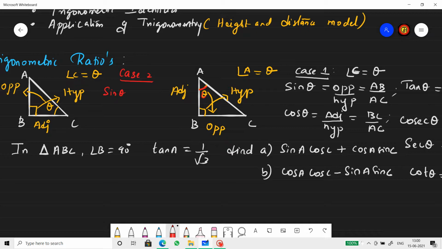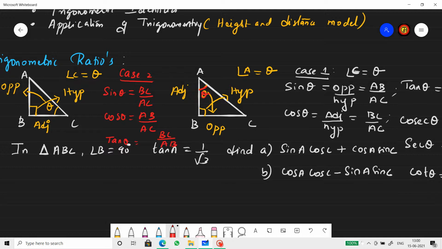Theta is here, isn't it? So, opposite side is BC. Hypotenuse is AC. Cos theta, which is adjacent by hypotenuse, adjacent is AB, hypotenuse is AC. And tan theta, which is opposite by adjacent, which is BC by AB.